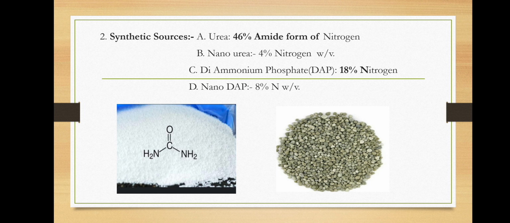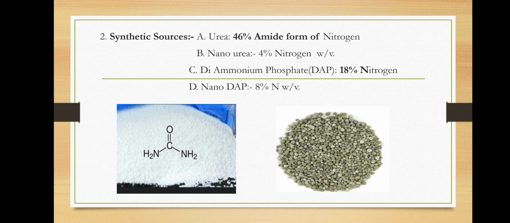That is the main reason for bringing nano urea into the market. With nano urea, nitrogen is applied directly to the plant leaves, so there is less loss. This is the main reason to use nano urea as a substitute for urea.